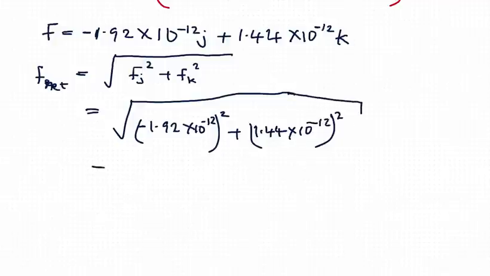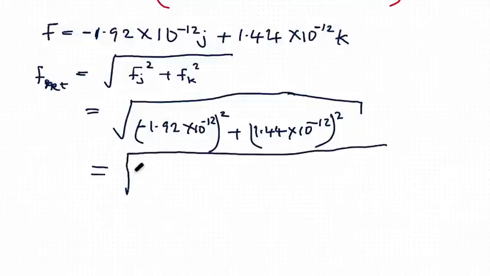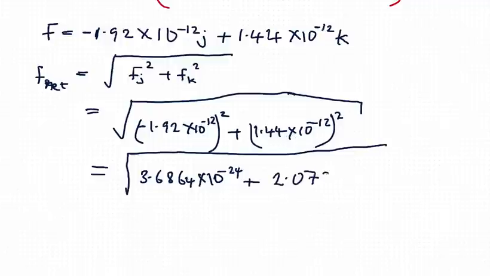And if you take the square of this, we'll be having the square root of the square of this, which is 3.6864 times 10 power minus 24, plus the square of this, which is 2.0736 times 10 to the power minus 24.